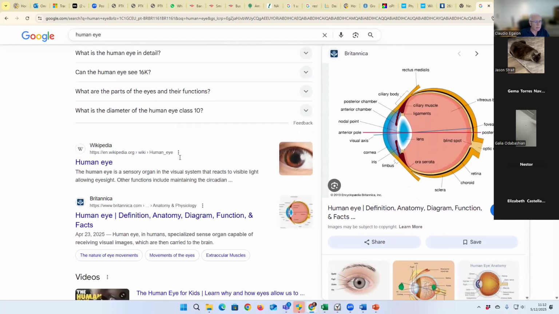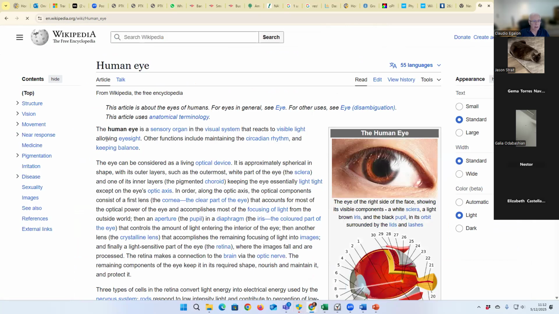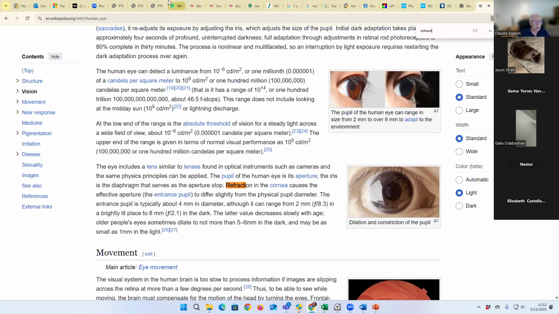Let's take a look at Wikipedia and see what they say about the refractive power of the eye. Refraction in the cornea. The entrance pupil is typically 4 millimeters.